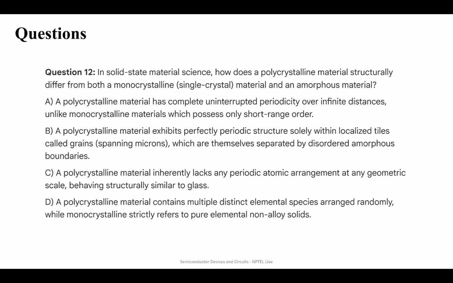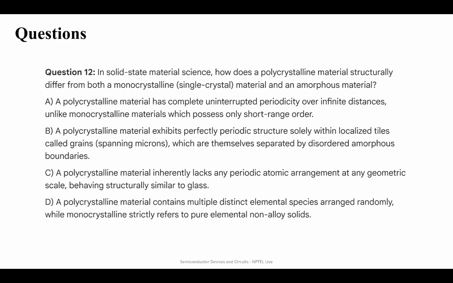In solid state material science, how does a polycrystalline material structure differ from both a monocrystalline single crystal material and an amorphous material? Option A. A polycrystalline material has complete uninterrupted periodicity over infinite spaces, unlike monocrystalline materials which possess only short range order. Option B. A polycrystalline material exhibits perfectly periodic structure within localized zones called grains, spanning microns, which are themselves separated by disordered amorphous boundaries.